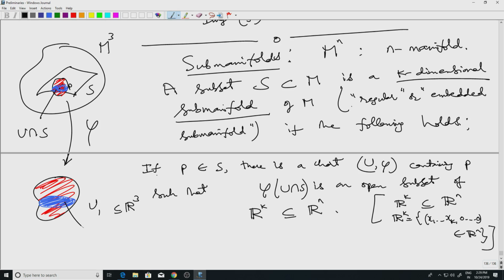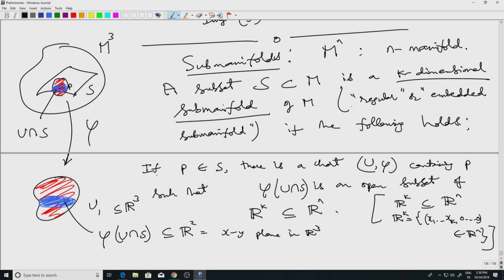So phi of U intersection S, we want it to be contained in R2, equal to the XY plane in R3, and it should be an open subset of the XY plane. As I said, the reasoning behind this definition is very simple.